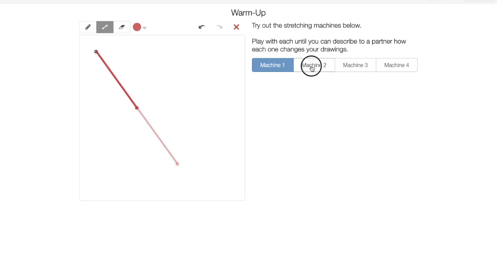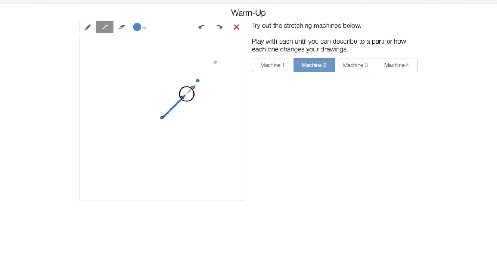And when we go to machine 2, again, I want you to take a second and remind yourself what the scale factor is for this machine. Okay, so again, I'm going to draw some lines to help us see the scale factor. In class, we talked about how the scale factor for machine 2 is 1.5 or 3 halves.